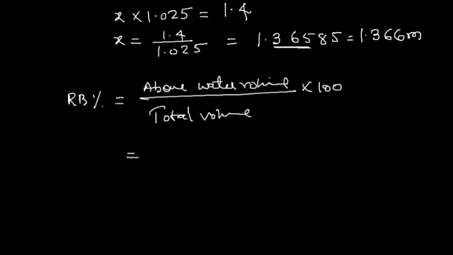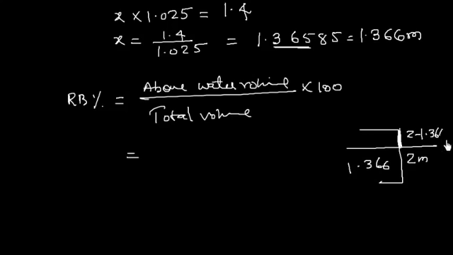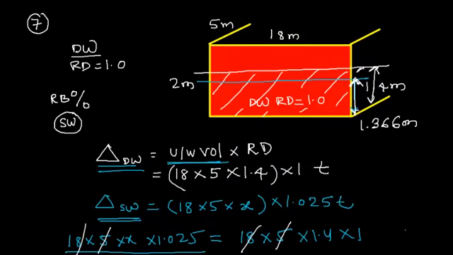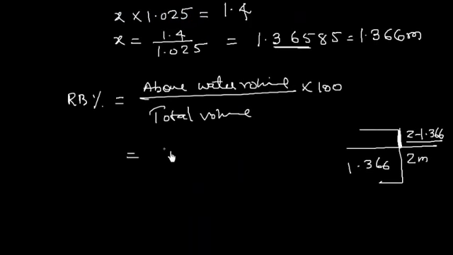Since this is a box shaped vessel, life is much easier. If you see, this is 2 meter and here the draft is 1.366. So what is this above water volume? This distance is going to be 2 minus 1.366. So I can simply write above water volume is length, which was 18 meter, breadth 5 meter, into this height.